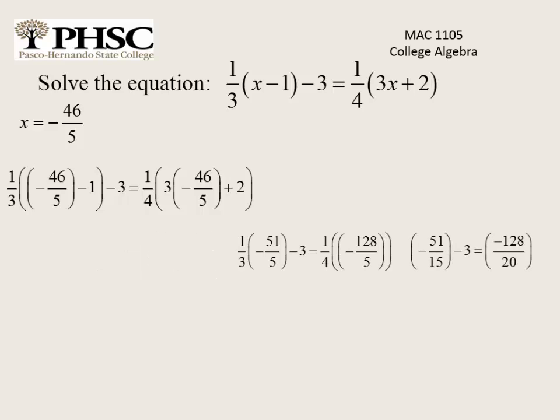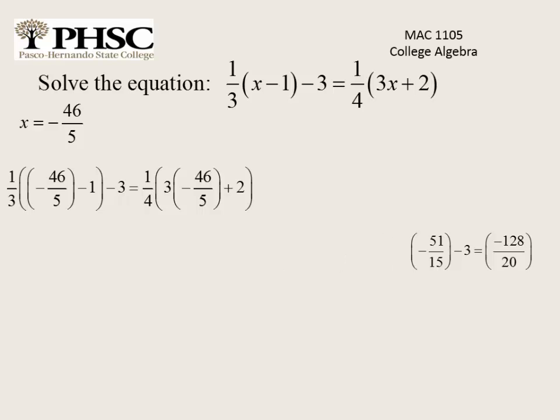And at this point, we're just going to go ahead and multiply out the 1/3 and the 1/4. So 1/3 times negative 51 over 5 is equivalent to negative 51 over 15. 1/4 times negative 128 over 5 gives us negative 128 over 20. So 3 times 5 is 15, and 4 times 5 is 20.